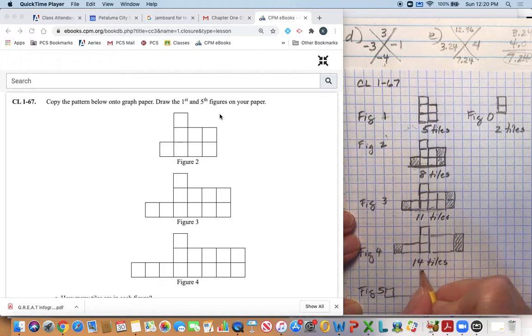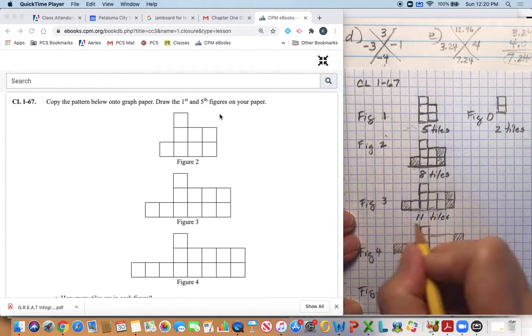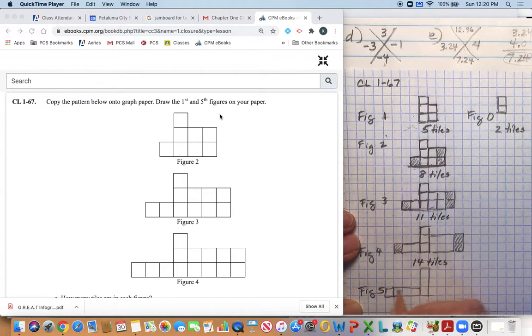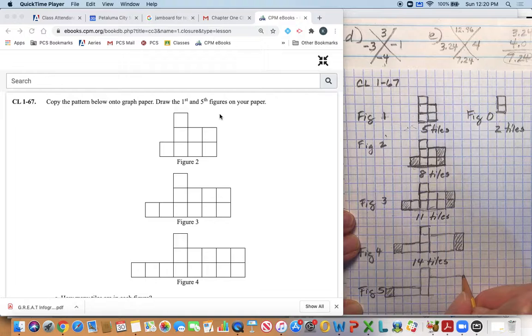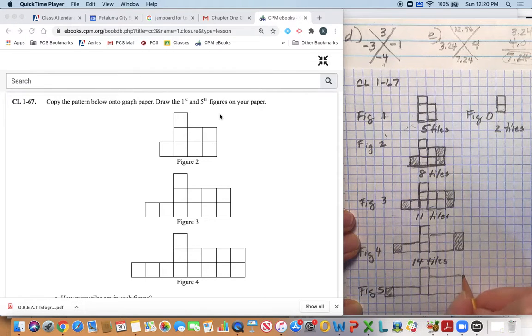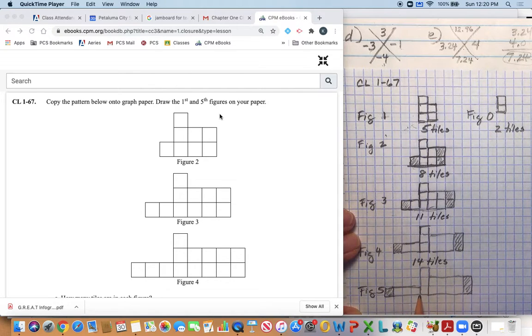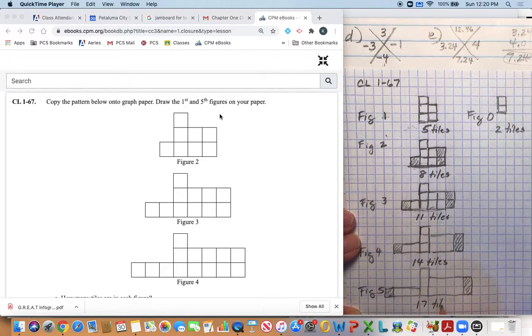I'll have the 3 tiles I had at the beginning, and then this time it's going to be 4 off to the side. And then we have 8 there and then 2 more, so those are our additional tiles. This is what figure 5 is going to look like, and here's where we added, here and here. So figure 5 is going to have 17 tiles because we add 3.